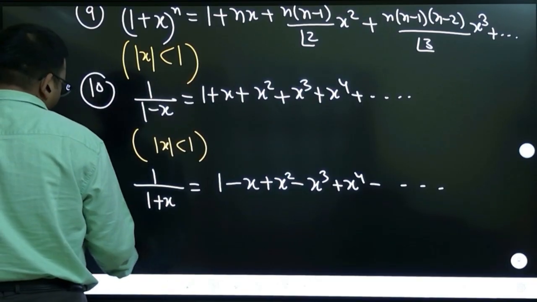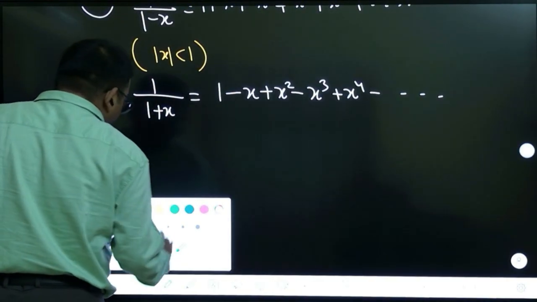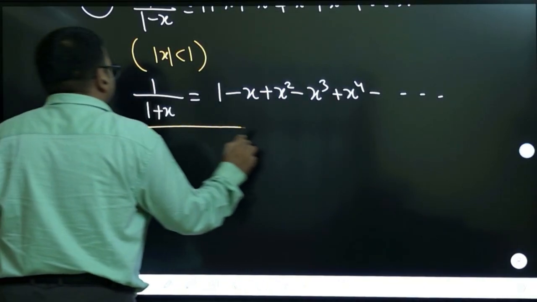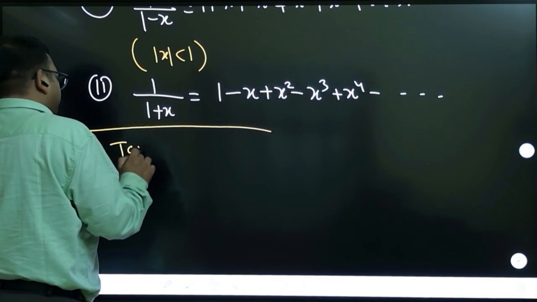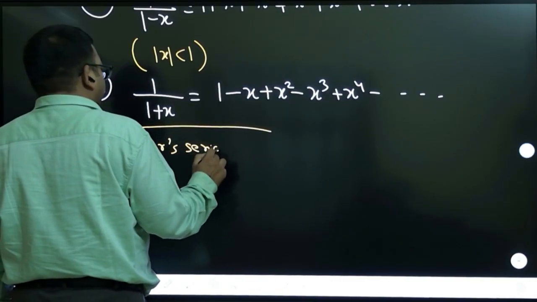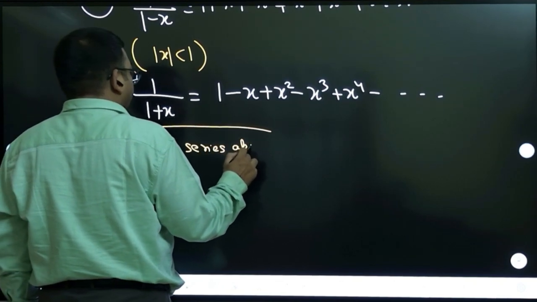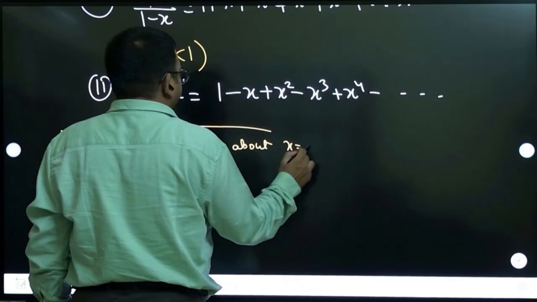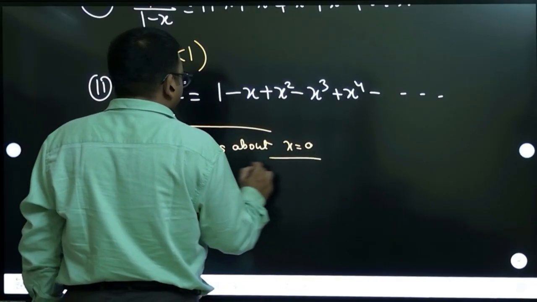But let me give you the Taylor series, because all this can be derived from the Taylor series. What is the fundamental behind it is the Taylor series about x equal to 0.